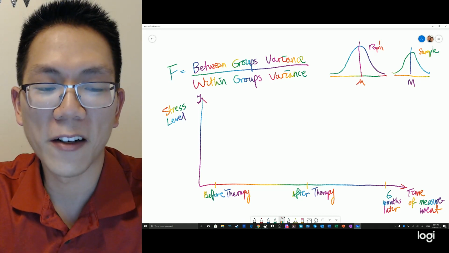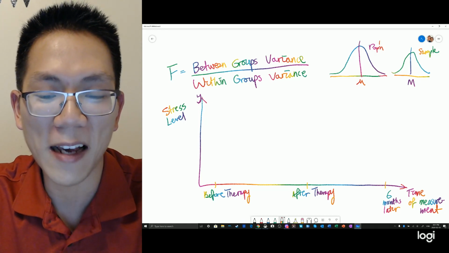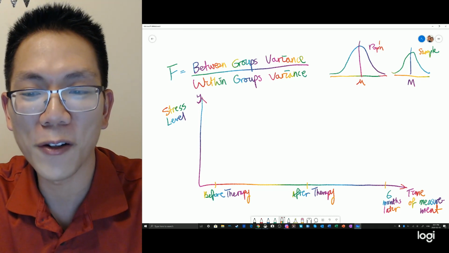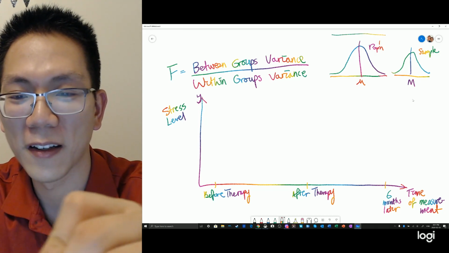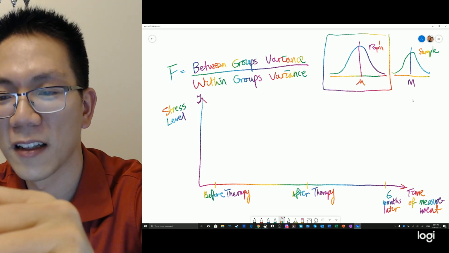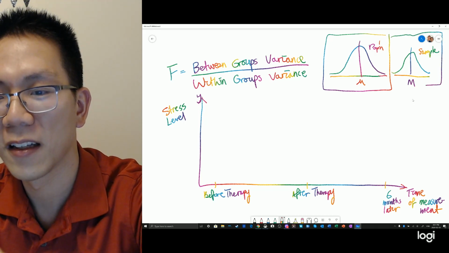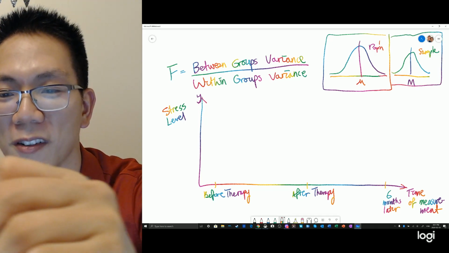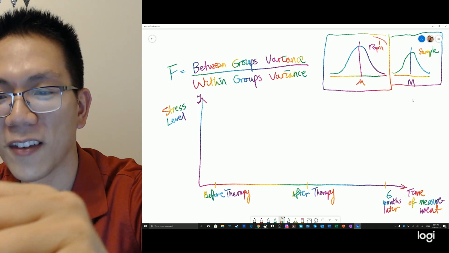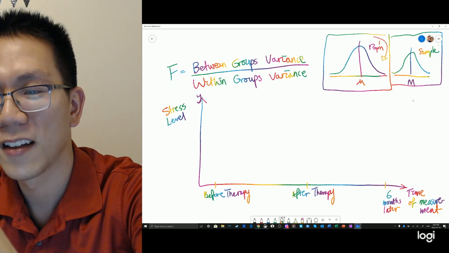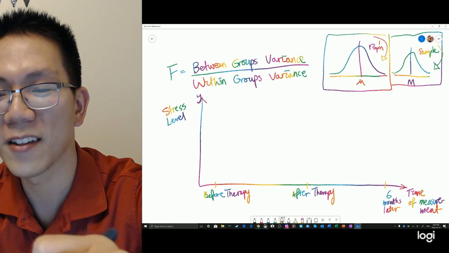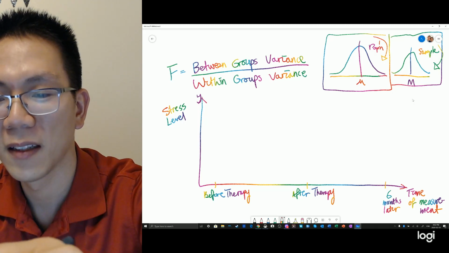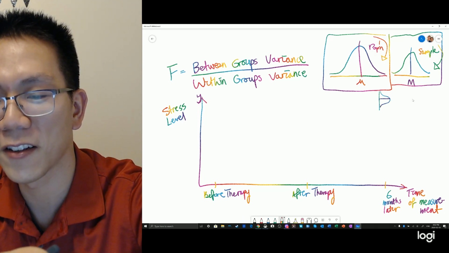Now, you may notice that we're measuring stress level, so we're going to actually flip these distributions and rotate them clockwise 90 degrees. So they start to look like this.